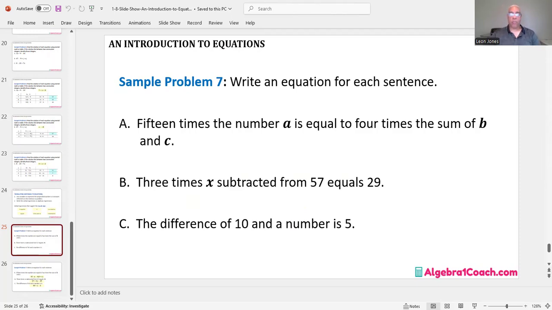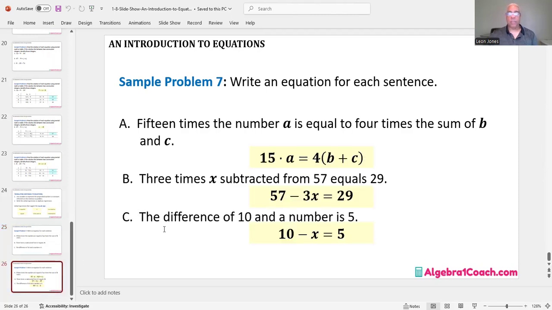Then you're going to have 3 times x subtracted from 57 equals 59. The difference, when you have the difference of subtraction, the difference of 10 and the number is 5. And just like I said, that's how you write up all of the word problems.